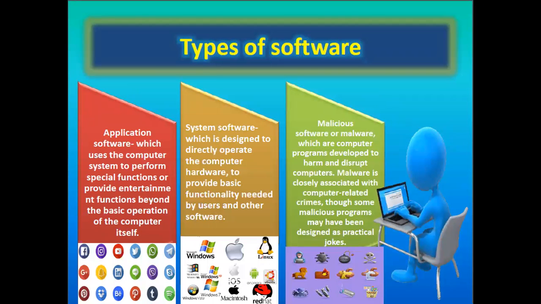So what are the types of software? We have application software, system software. We have also malicious software or malware. So let's look at application software, which uses the computer system to perform special functions or provide entertainment function beyond the basic operation of the computer itself. For example, Facebook is an application software.